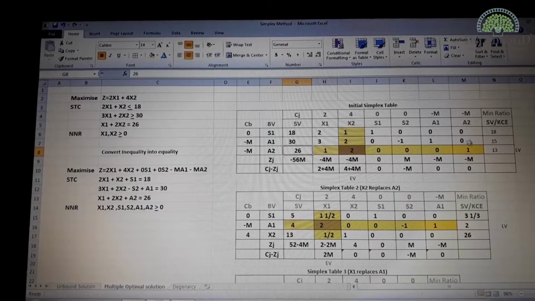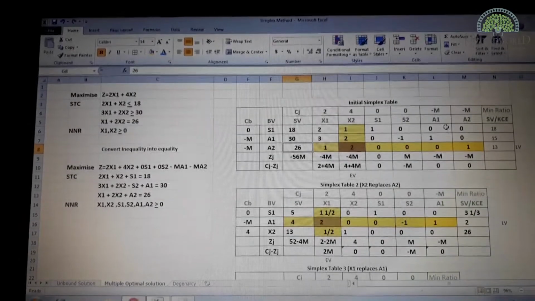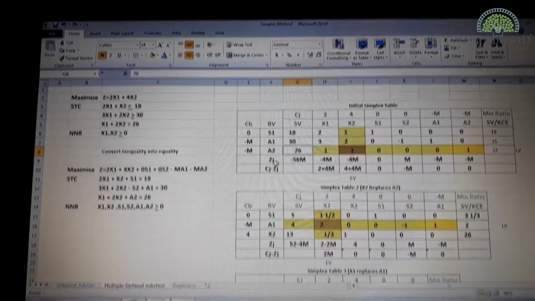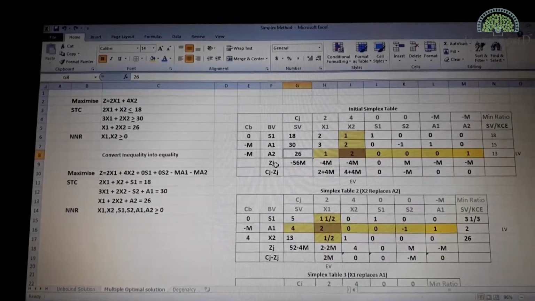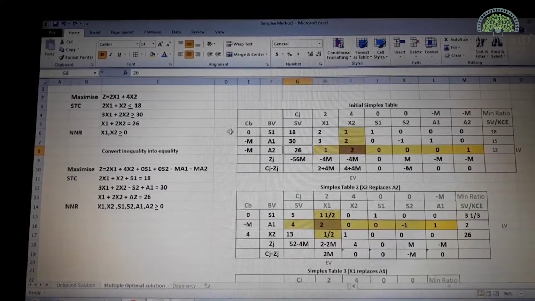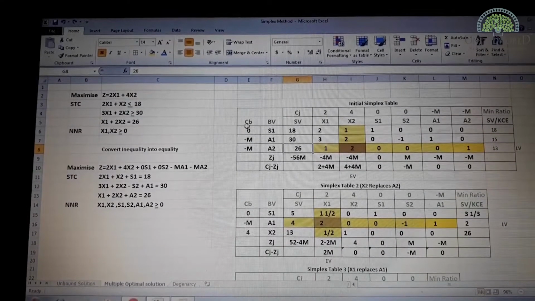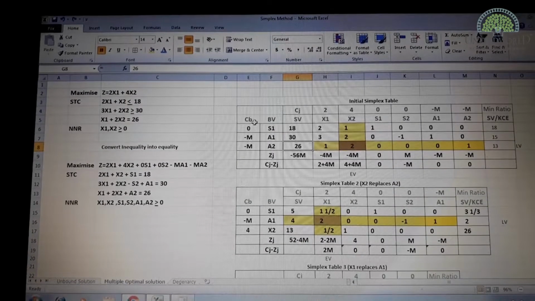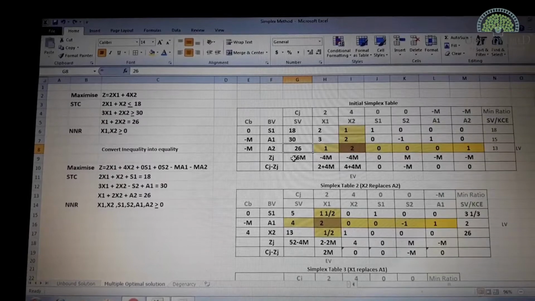Now once this table is ready, we'll go for our computation work. The first computation row is Zj. Zj is computed using a standard formula: we multiply the column headed CB, coefficient of basic variable, with the values of the column for which we want the Zj value.